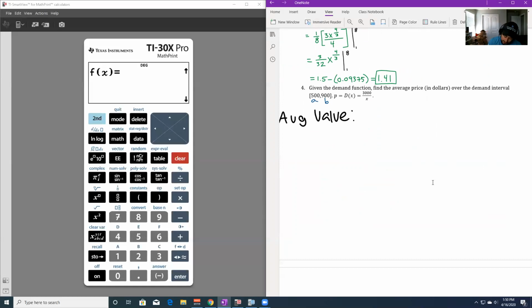So we set up 1 over 900 minus 500 times the integral from 500 to 900 of 3,000 over x dx.